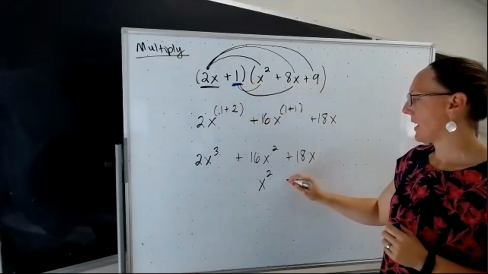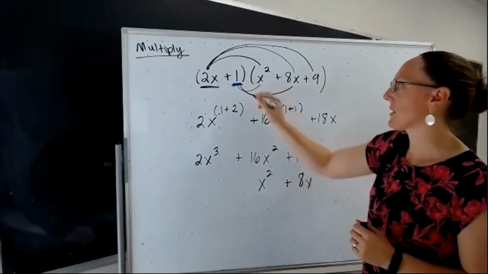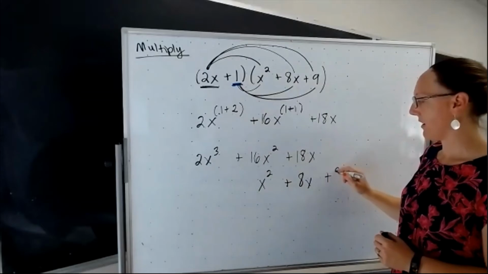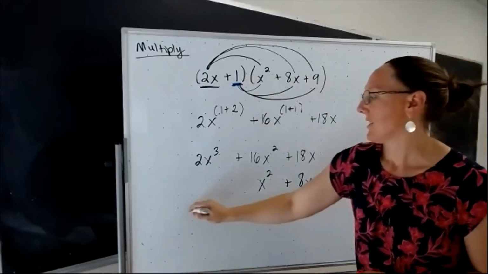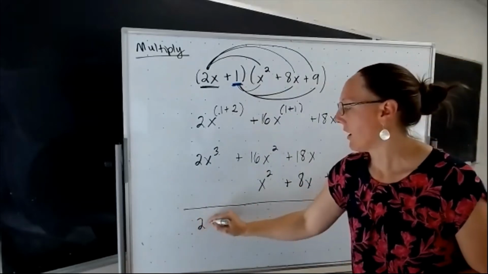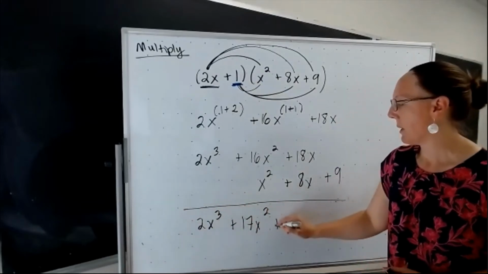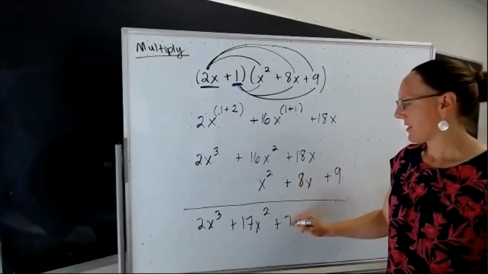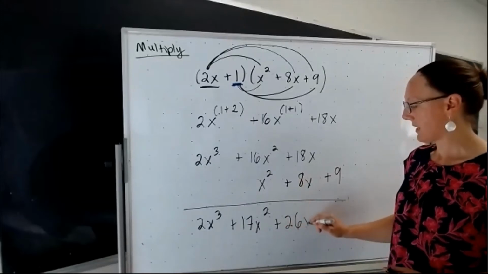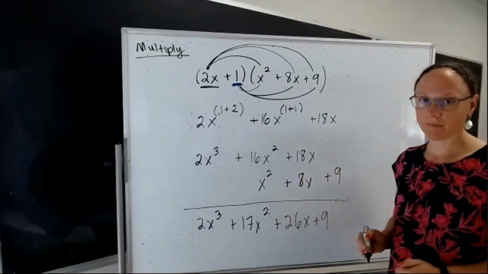And then 1 times 8x, I'm looking at 8x, and 1 times 9, I've got 9. So now if I put all that together, I've got 2x cubed plus 17x squared, 18 plus 8, that's going to be 26x plus 9.